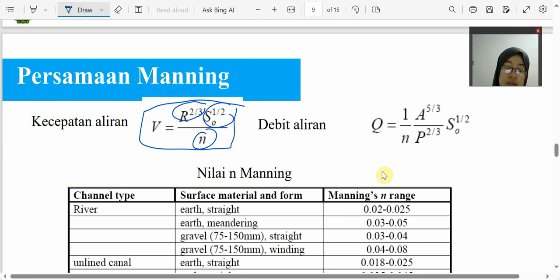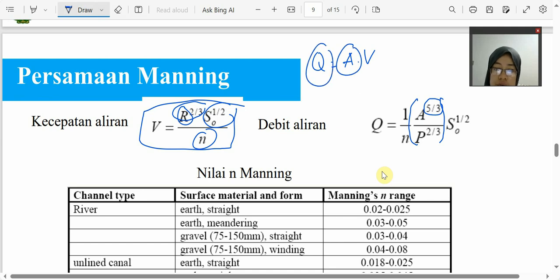And if we want to calculate the discharge, we know Q is equal to A times V. So this A over P, which is R, right, from here, but it becomes, because we calculate also with A to calculate the Q, right?